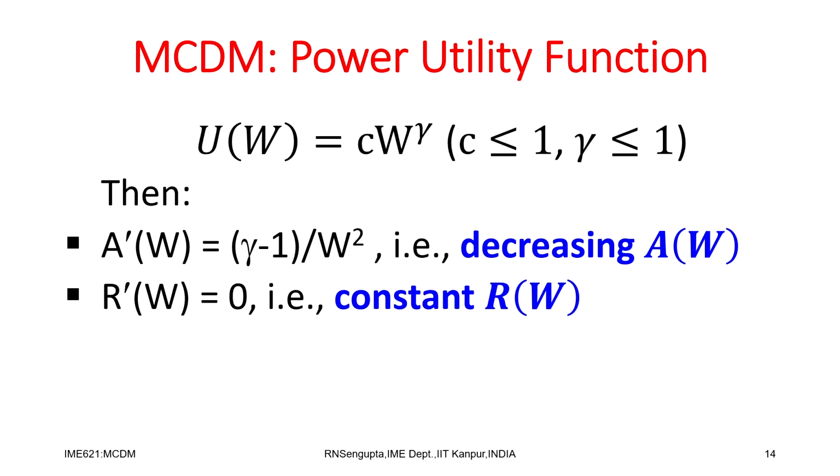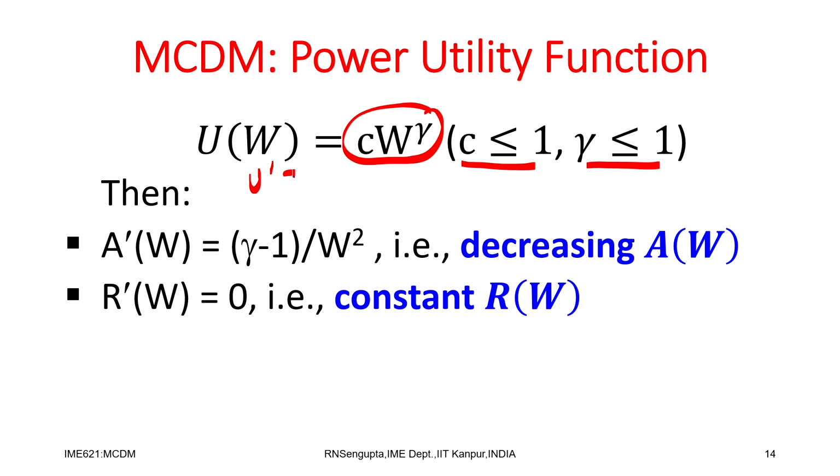Let us go to the third example, which is basically the case where we are discussing the power utility function. The power utility function is c w to the power gamma, where c is less than 1 and gamma is less than 1. This is the utility function. So, let us derive accordingly.